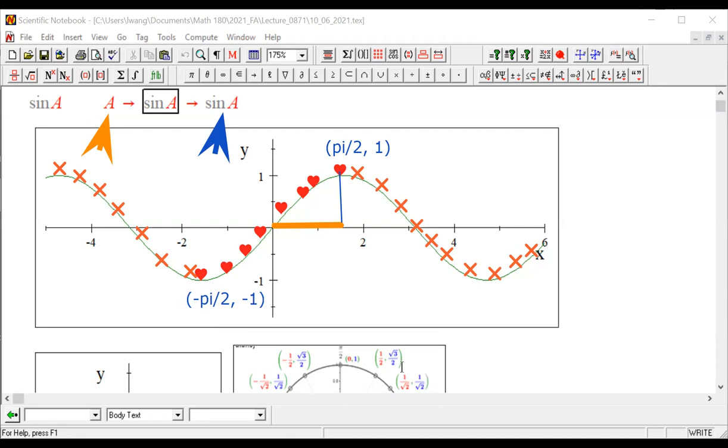Yes, 3 pi over 2 will also have an output of -1, but it will be on this other side. This lowest point, remember this point is on the left-hand side, so the angle is measured clockwise. So this point would be 3 pi over 2, -1.